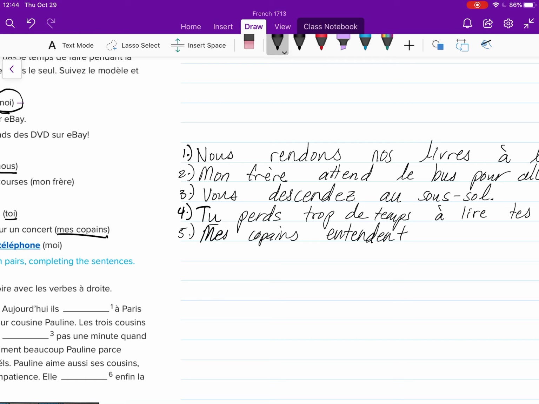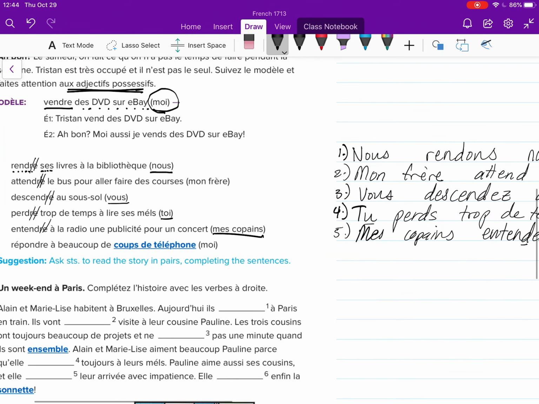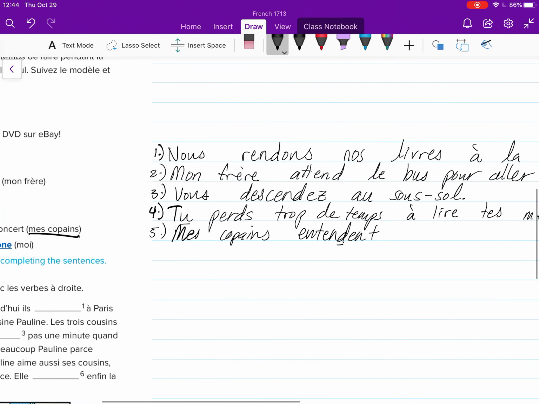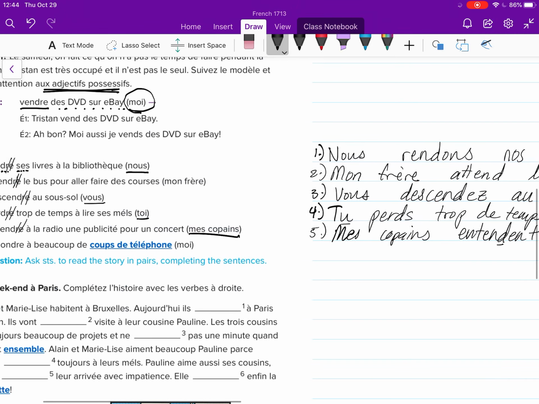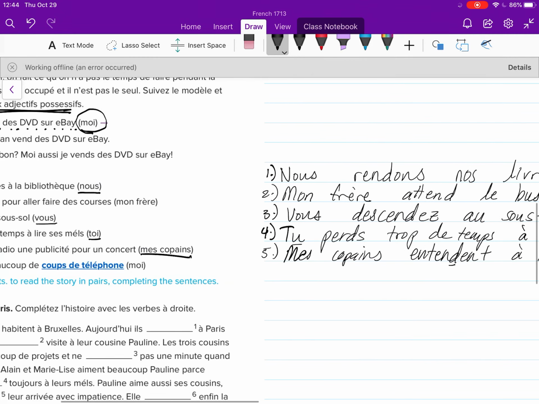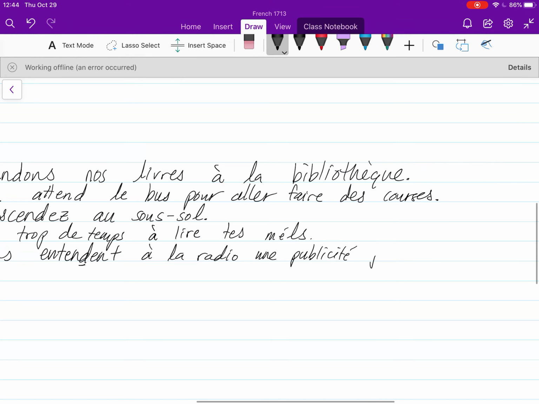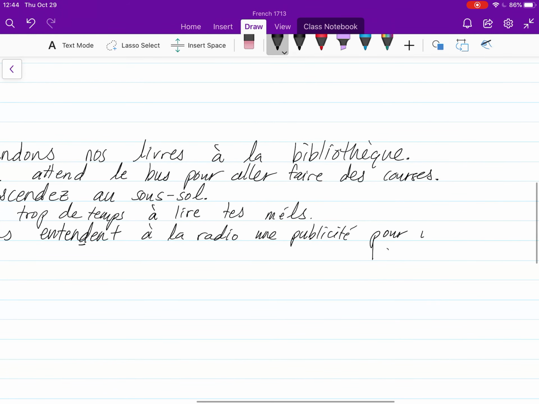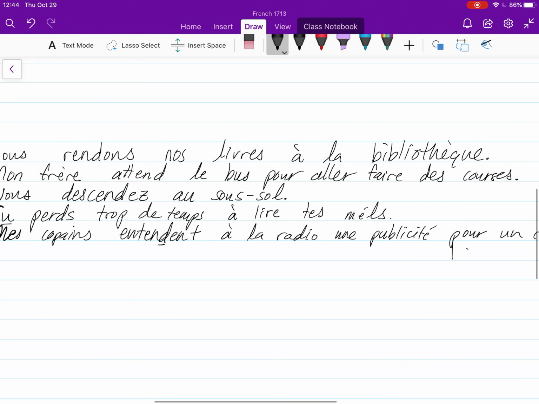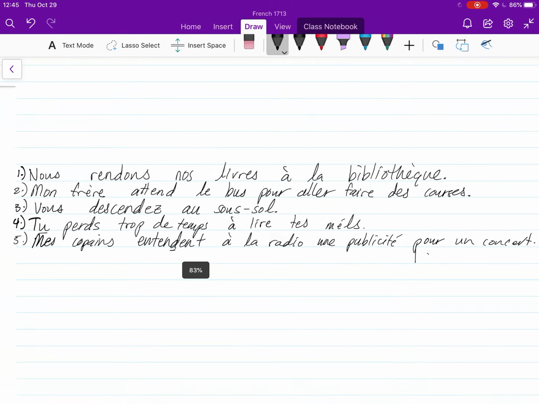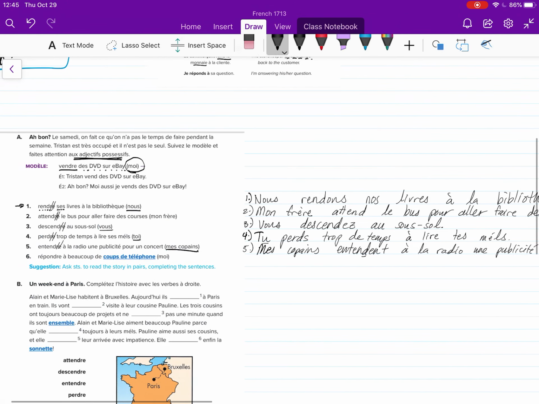Mes copains entendent, and I will say the D. Mes copains entendent à la radio une publicité pour un concert. Oops. They're listening to the radio. They're listening specifically to an advertisement for a concert on the radio.